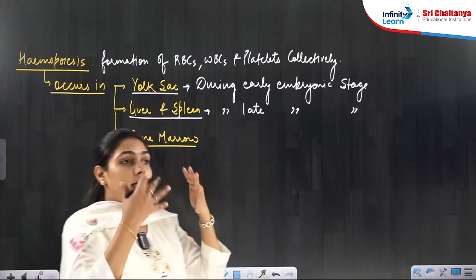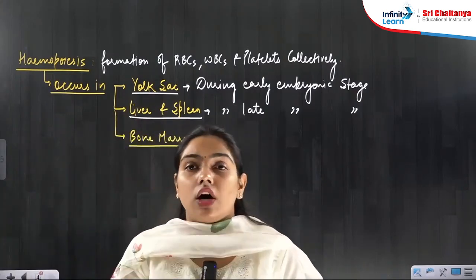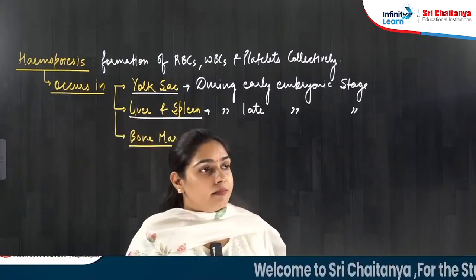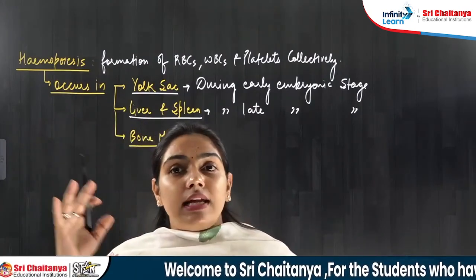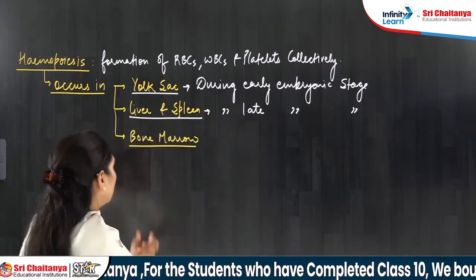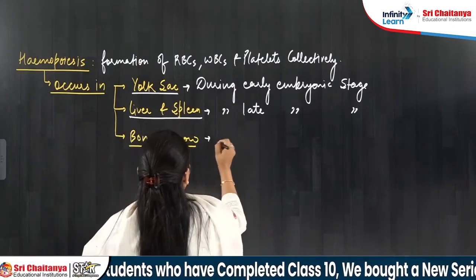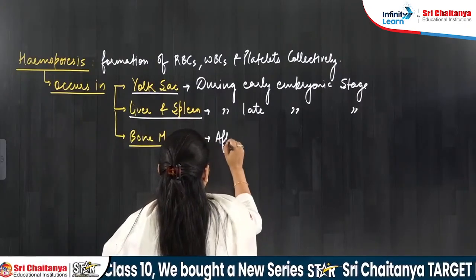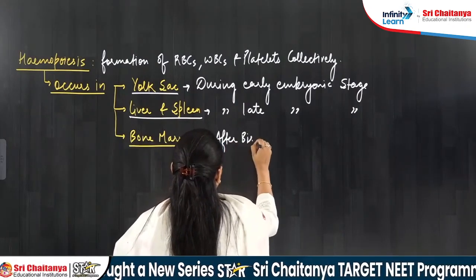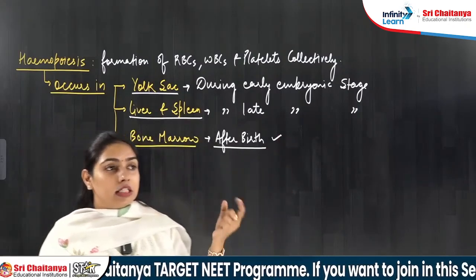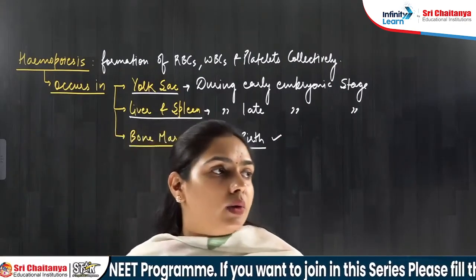But now the yolk sac is not there. Liver and spleen have different functions, and hemopoiesis occurs in the bone marrow. So in adults, or after birth, it occurs in the bone marrow.